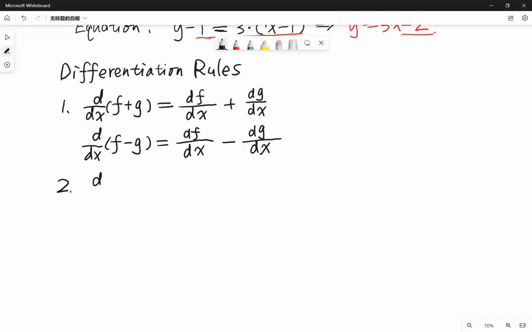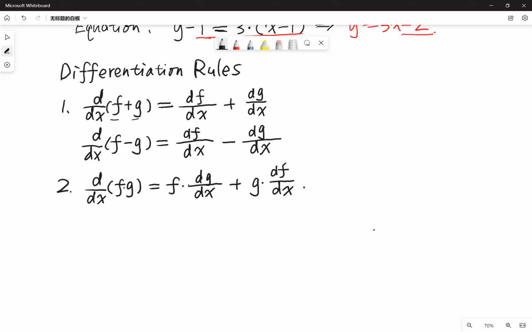The differential of the product of f and g by dx equals, here f and g are two functions, you should concentrate on this one, f times dg by dx plus g times df by dx.